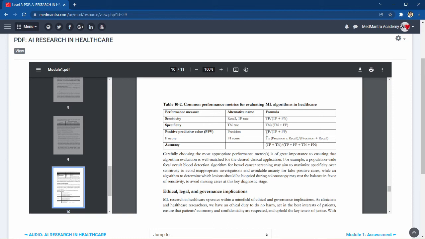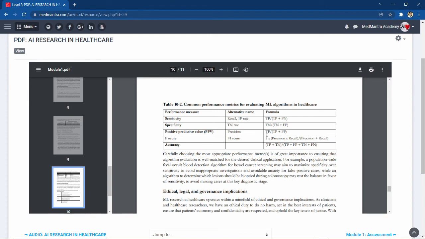Receiver operating characteristic curve, or ROC curve. Similar to the precision recall curve, the ROC plots sensitivity or true positive rate and specificity or true negative rate at all values of the dependent variable. The area under the curve, AUC, can be easily calculated to determine the aggregate performance of the model across all possible classification thresholds.